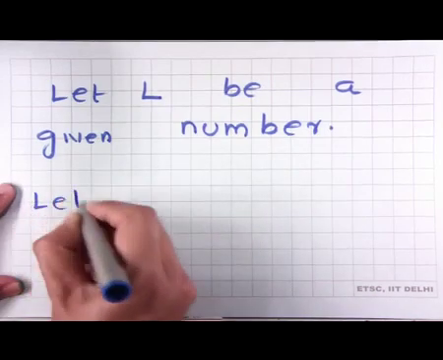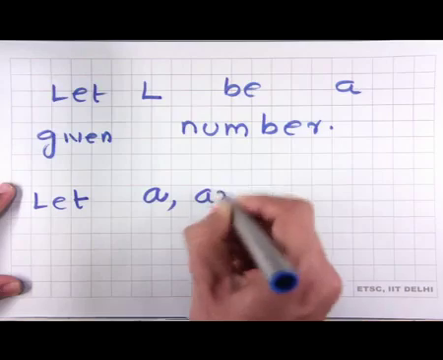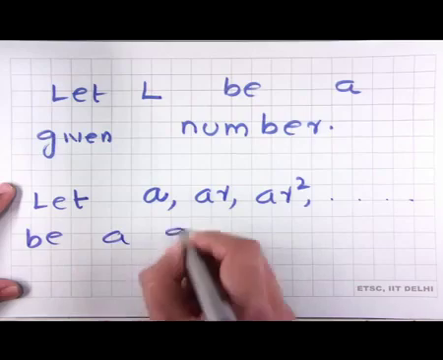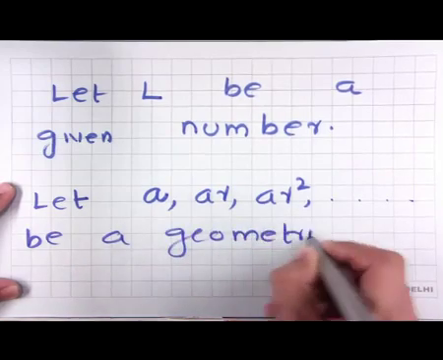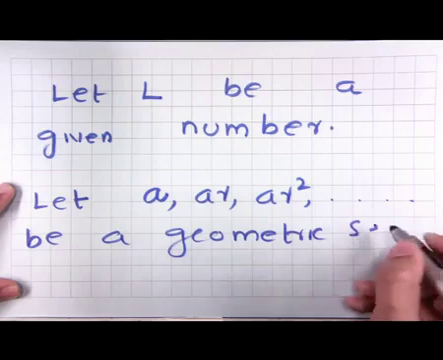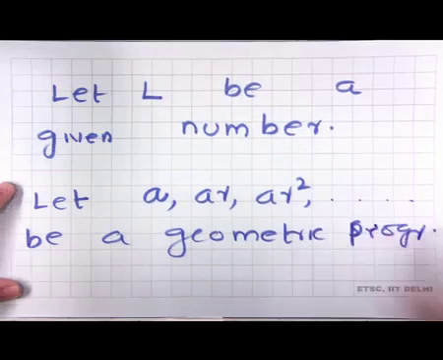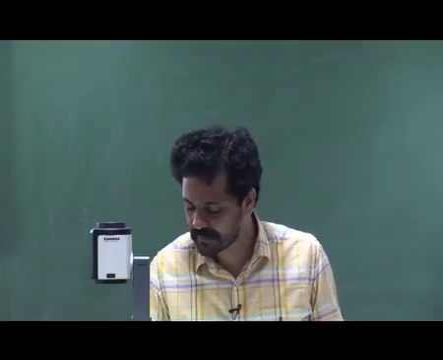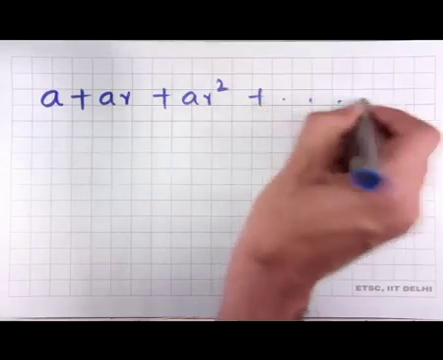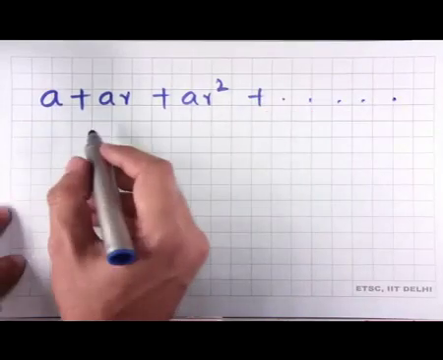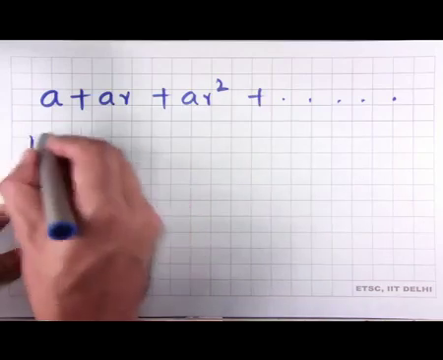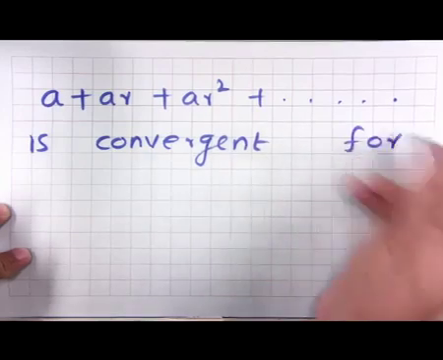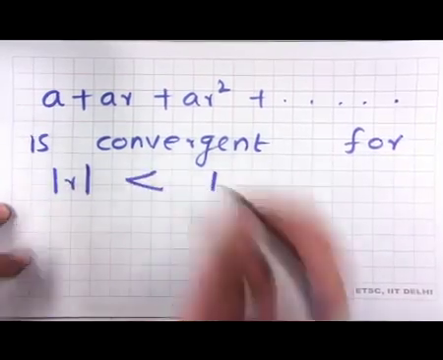Let A, AR, AR square, etc. be a geometric progression. Therefore, A plus AR plus AR square plus etc. would be a geometric series and it is convergent for mod r less than 1.